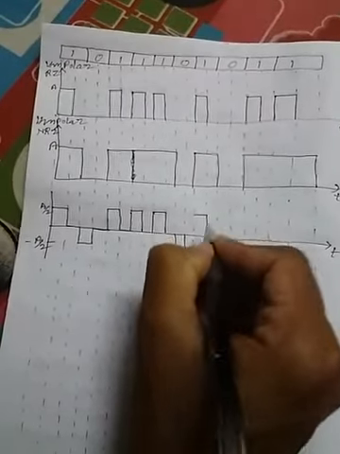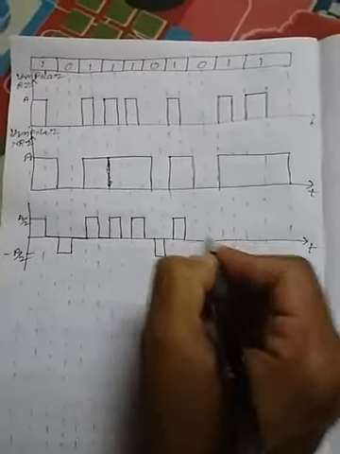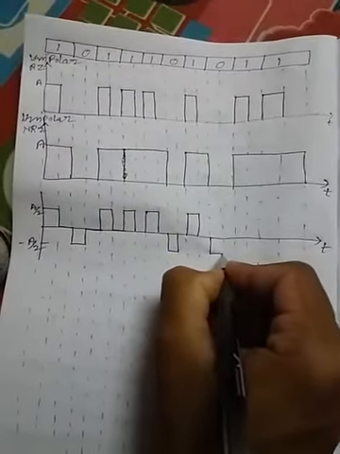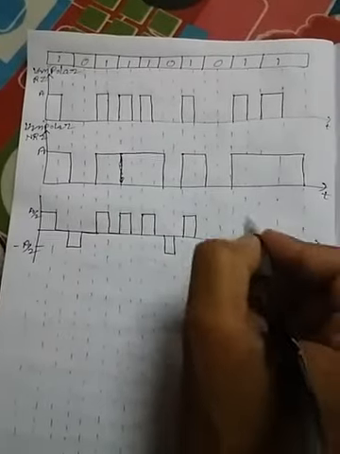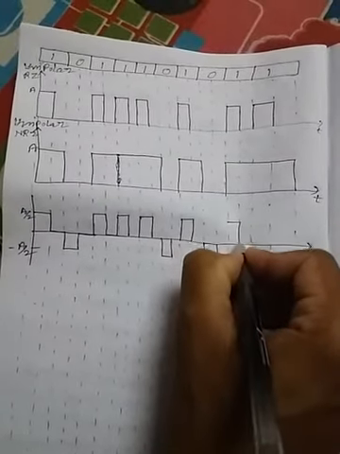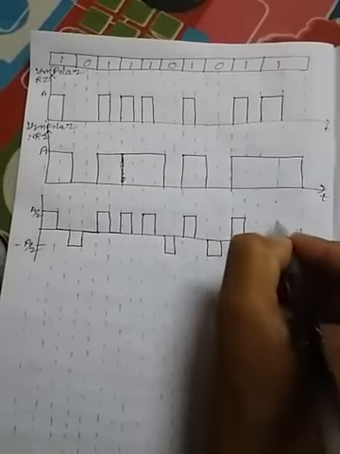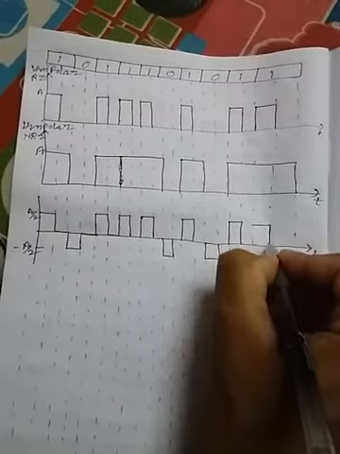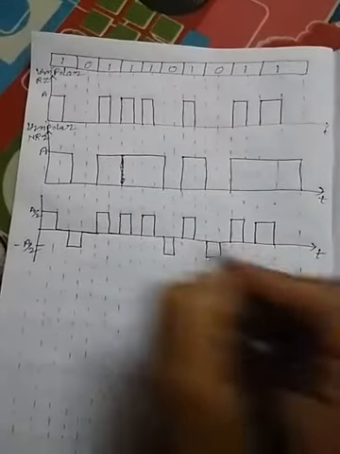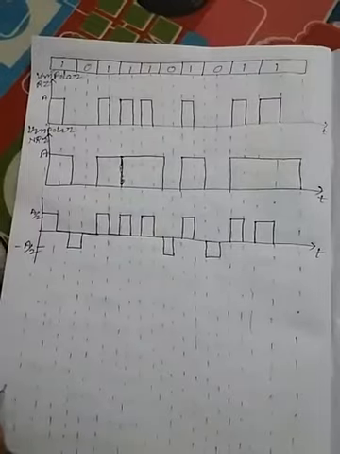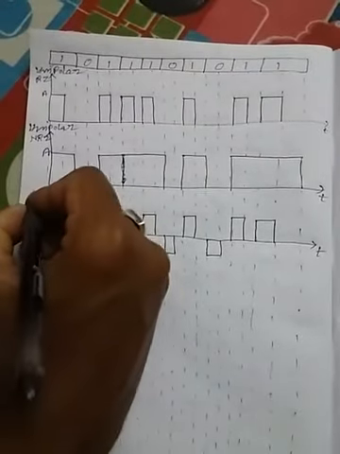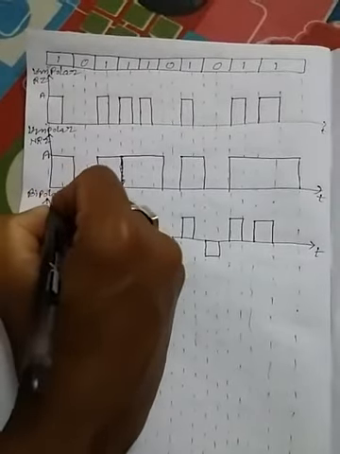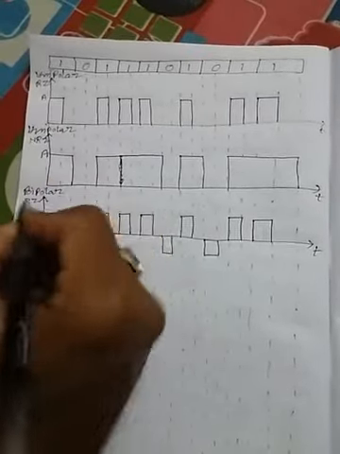Again it is 1, so there will be a positive amplitude, and this is 0, so here will be a negative amplitude. Again there are 2 ones, so here is positive amplitude, again positive amplitude, of A by 2. So this is the bipolar return to 0 type waveform.